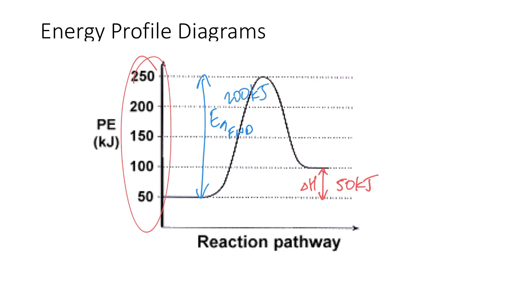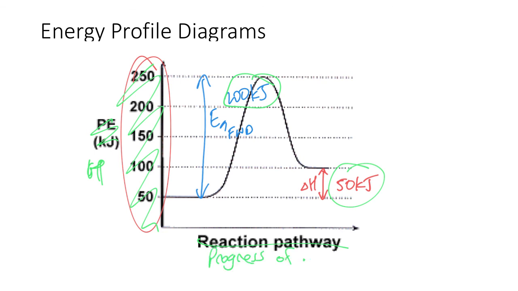So you should rather label these values rather than putting it over here. That should definitely not be here. You should just have this as enthalpy or H. And this one here shouldn't say reaction pathway, it should just say progress of reaction, but definitely shouldn't say time.